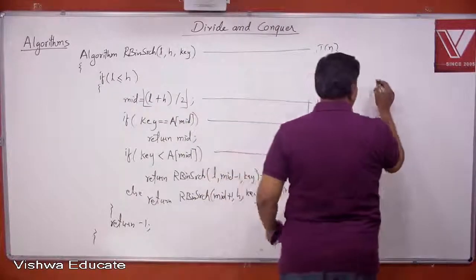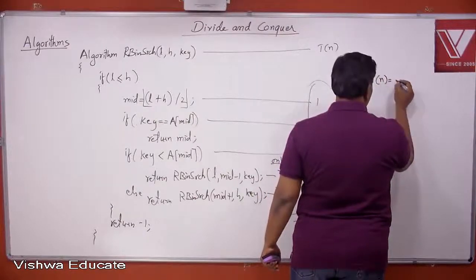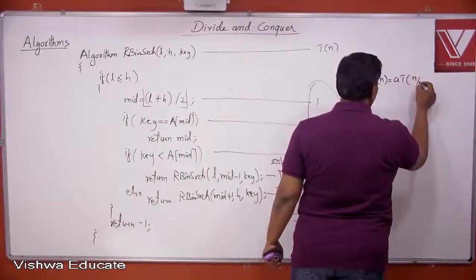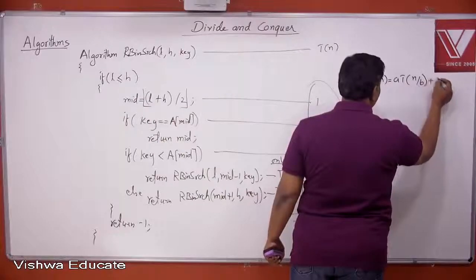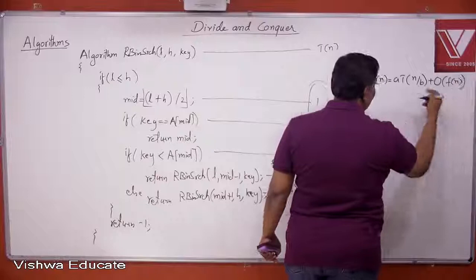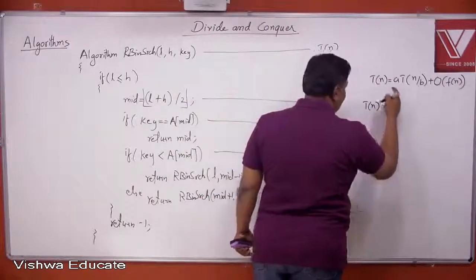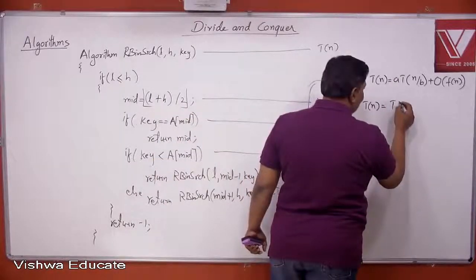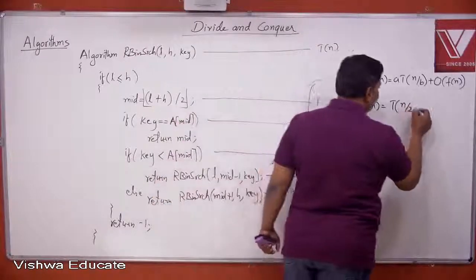Now here I will write down. We write the recurrence relation in general form like this: T(n) equals a T(n/b) plus big O of f(n). We write in this form. So let us write it. T(n), a is 1, nothing is there, so just write T(n/b), b is 2, plus 3.